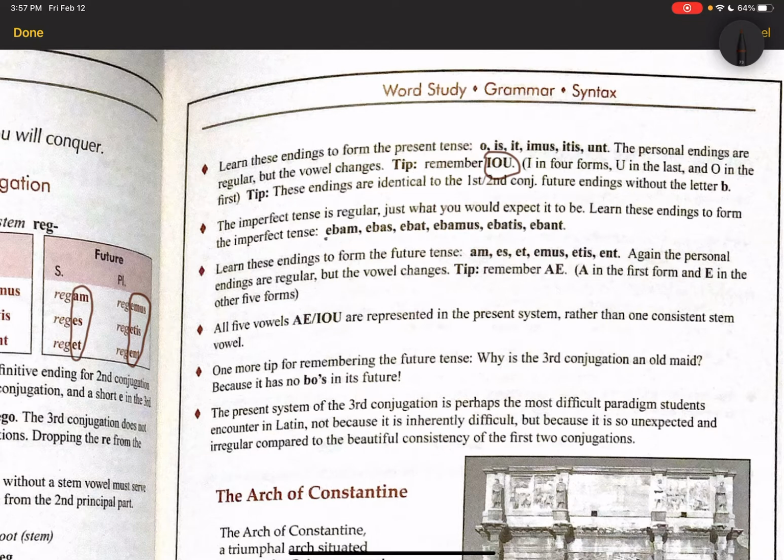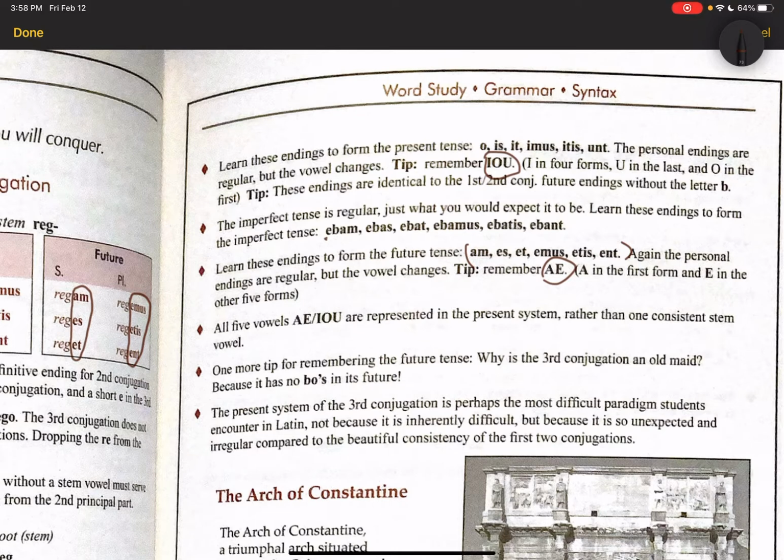It just has an E instead of no E at the beginning. And the future endings are -am, -es, -et, -emus, -etis, -ent. Again, the personal endings are regular, but the vowel changes. And your tip is to remember A in the first form, and E in the rest of the five forms.